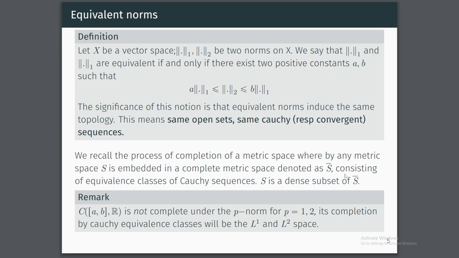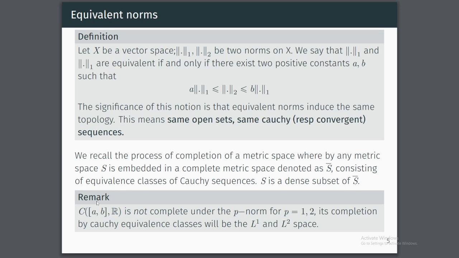So you need a little bit of care in the difference between S and S bar, because S is not technically a subset of its completion, it's embedded in the completion, because S is a set of elements, while S bar is equivalence classes of those elements. Usually it's not too big of a problem, at least.